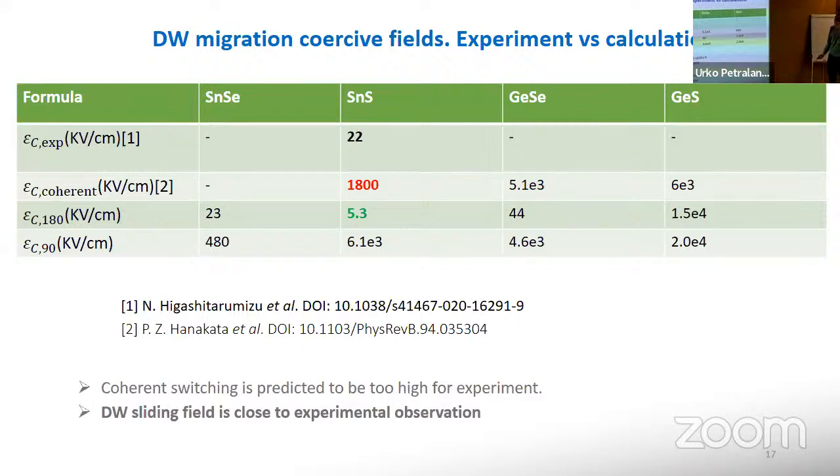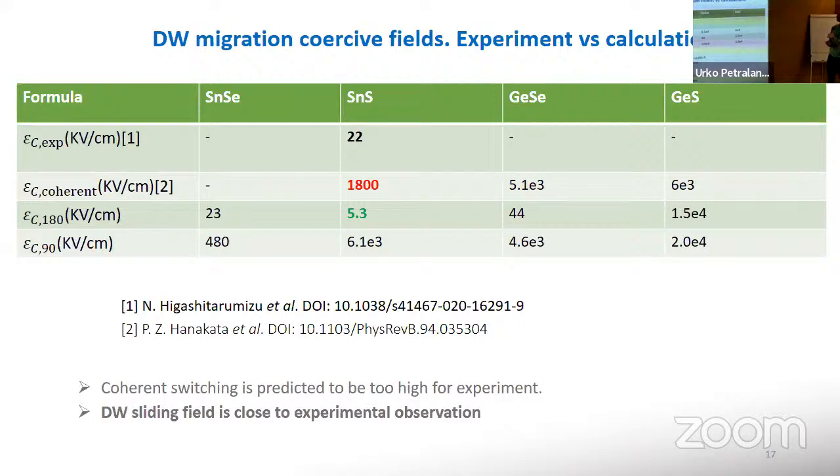Unfortunately, there's not yet a lot of evidence about this, but luckily there is one experimental point, which is for few-layer tin sulfide, 9 layers, I think. They have measured the coercive field, and it's 22 kilovolt per centimeter.